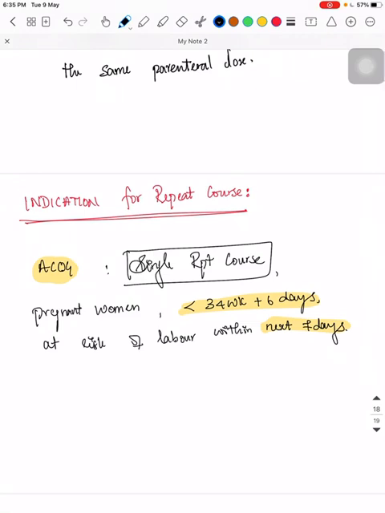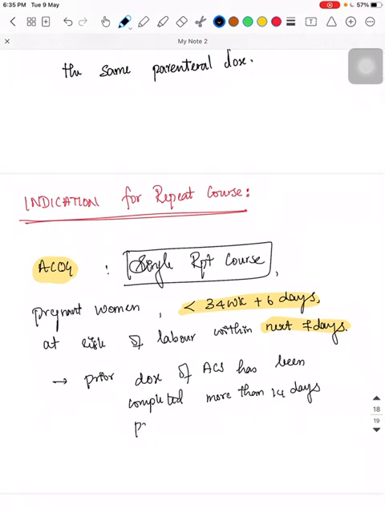So the prior dose or prior course of antenatal corticosteroids has been completed more than 14 days previously. Okay, this is also according to ACOG.